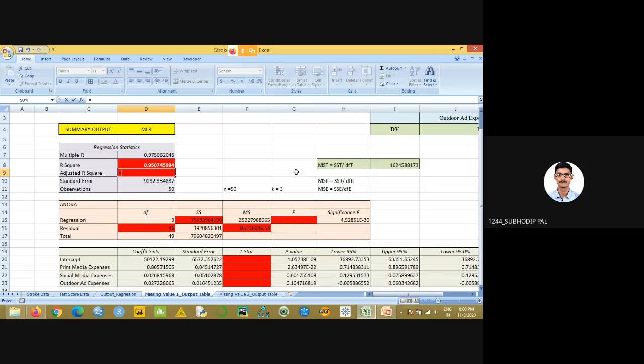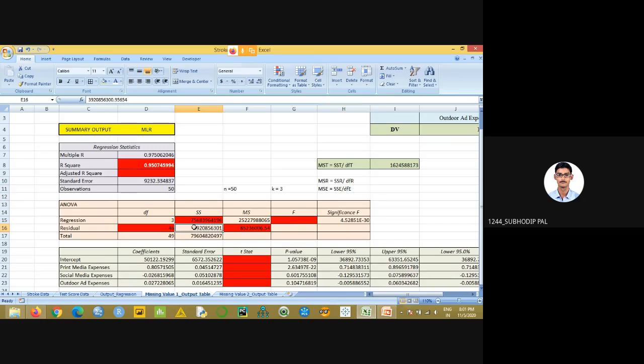Now can you tell me the adjusted R-square formula? Can you calculate MSE once again? Show the calculation of MSE. The MSE formula is this one, I've written here: SSE divided by degree of freedom of error, which means 46. It's simple.